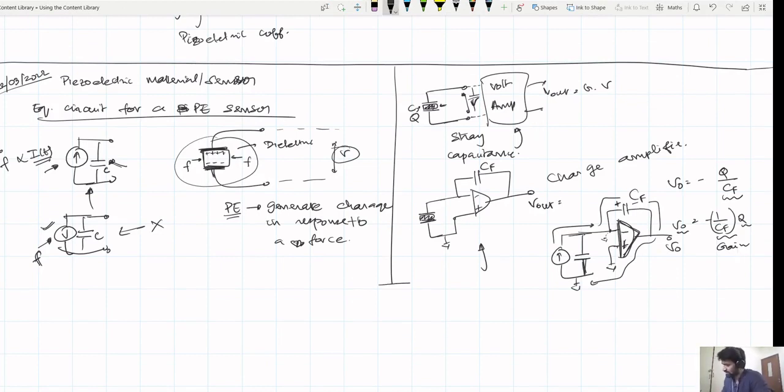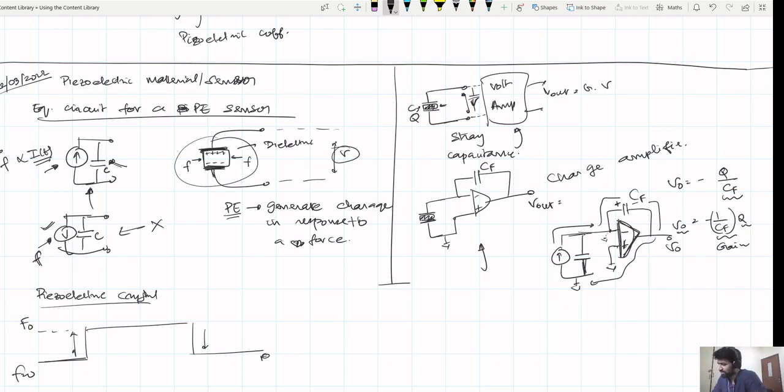And then we looked at one last property of your piezoelectric crystals, right? What is that? If you apply a force like this, zero force, and then some non-zero force, and then it's back to zero force again, if you were to plot the charge generated by your piezoelectric crystal in response to this particular force profile, what would it look like?